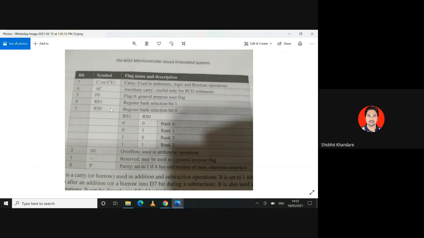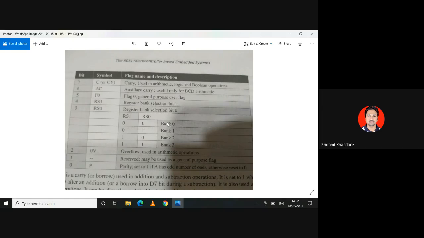Now RS0 and RS1 together will help us to select any one bank from the 4 banks. So how many banks do you have? You have 4 register banks: bank 0, bank 1, bank 2 and bank 3. If I am not selecting any bank, by default the selected bank will be bank 0.